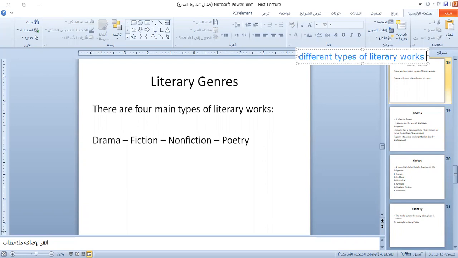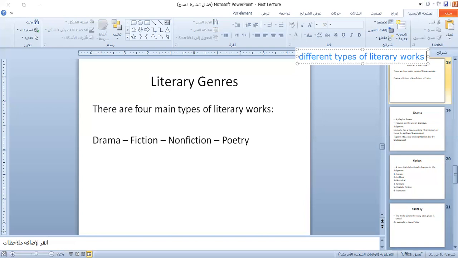We have four main types of literary works. That's four main types of literary genres. We have drama, fiction, nonfiction, and poetry. So when we generally classify literature, we classify it under these four main types.